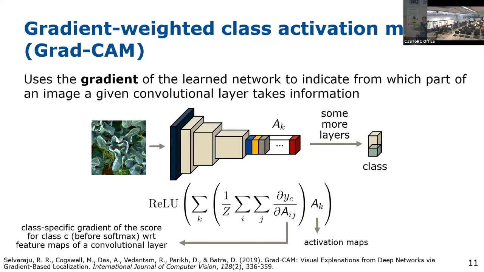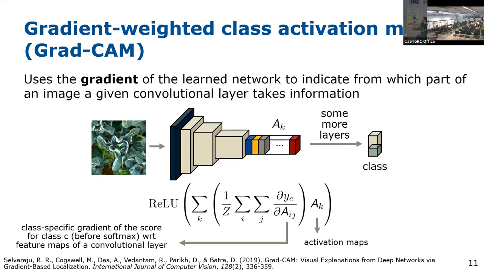And this is the equation to get a saliency map with GradCam. What you see here are the activation maps. This here is the class-specific gradient of the score for a specific class, harvested. You can think of the gradient as: when I change a little bit in the network, how much does the output change? This is a rough understanding of the gradient.